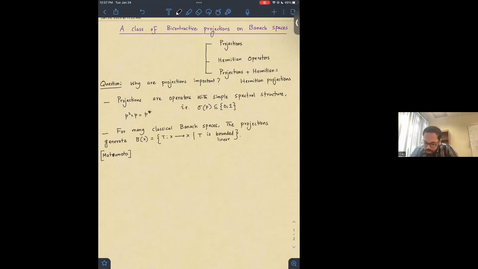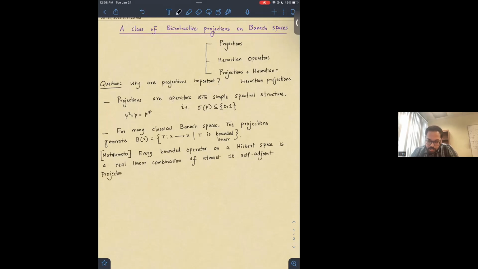He proved a phenomenal result that every bounded operator on a Hilbert space is a real linear combination of at most 10 self-adjoint projections.